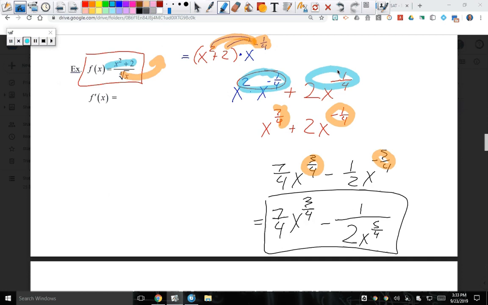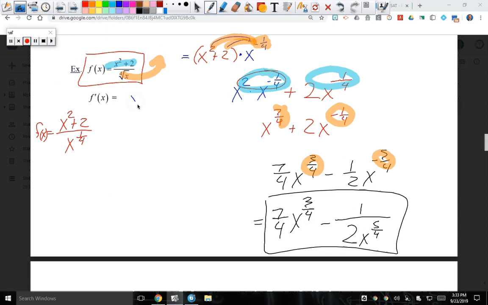So what I would do on this, here we go, is I would have written this as, first of all, this is the rewrite. And then I would have done quotient rule.